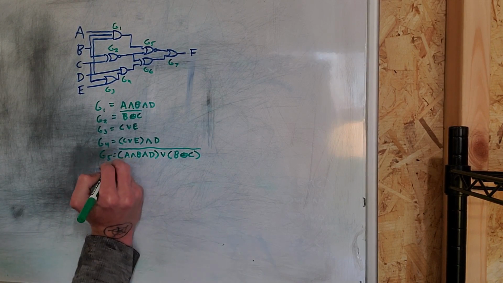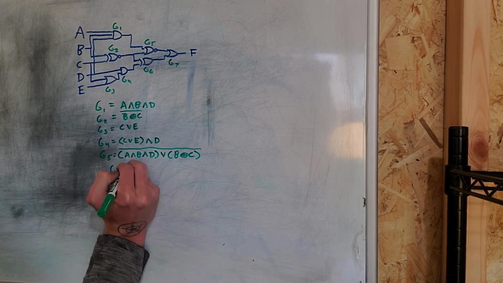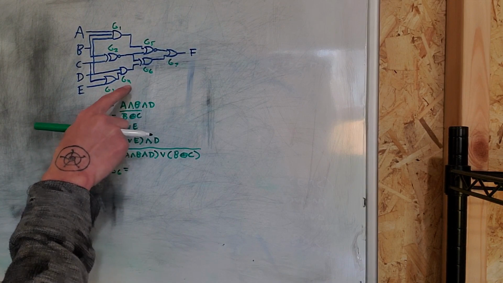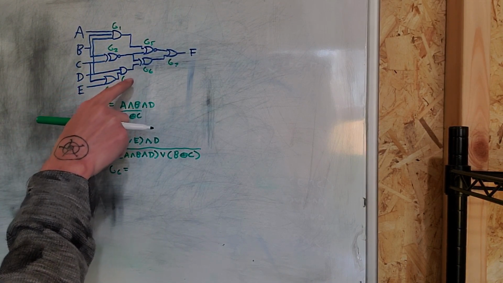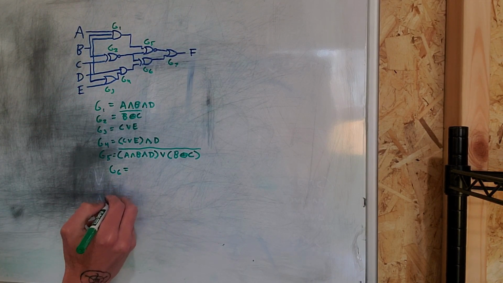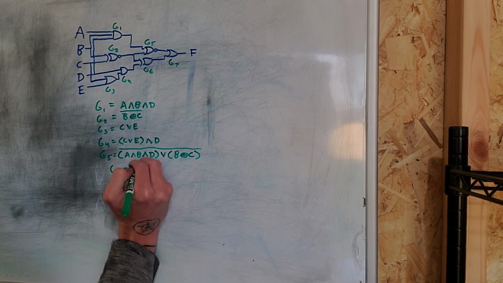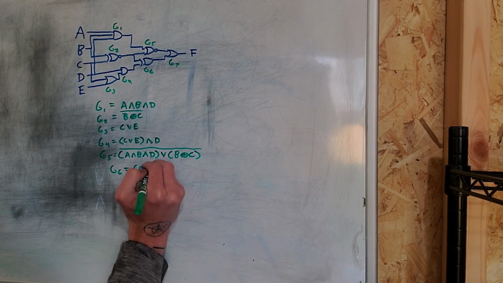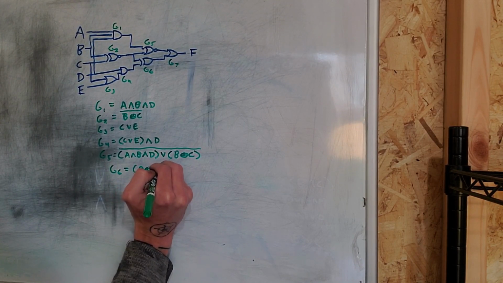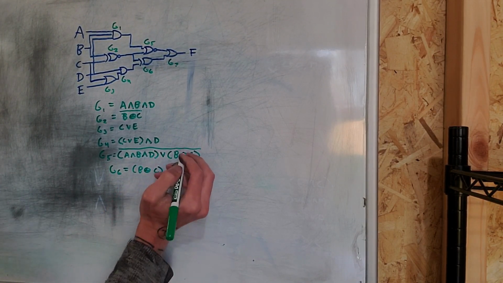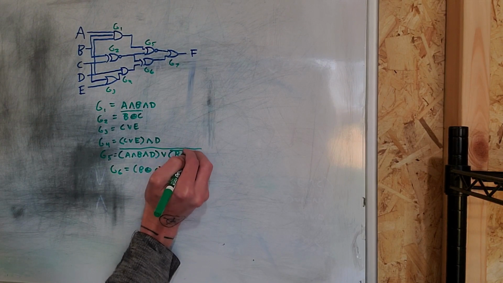So G6. G6 is G2 XOR G4. So G2, oh, and I forgot to include that this is also negated.